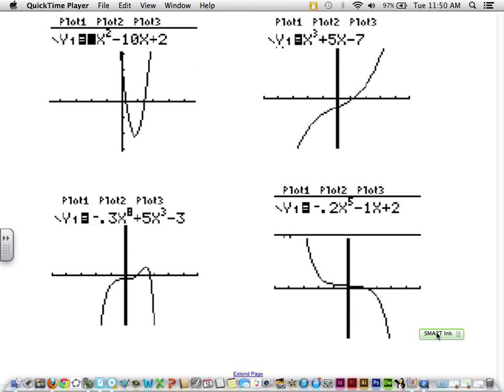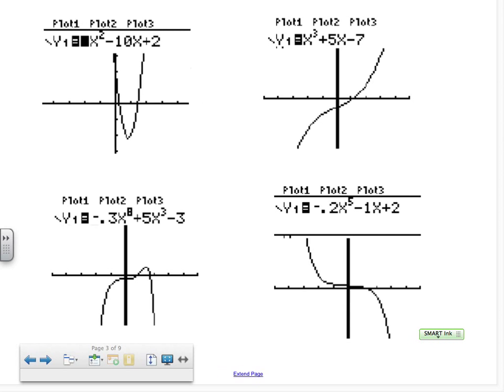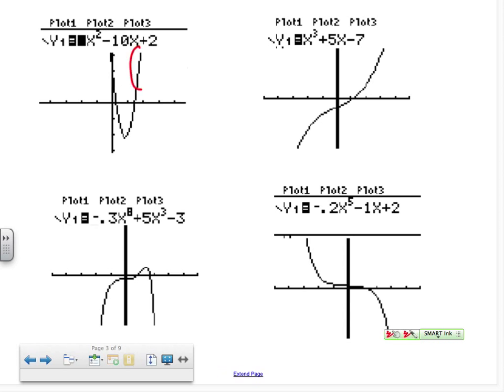All right, so this first one, we have x squared minus 10x plus 2. The right side is going up. We say the right side is going to positive infinity. Or we'd say as x goes to positive infinity, f of x is also going to positive infinity.